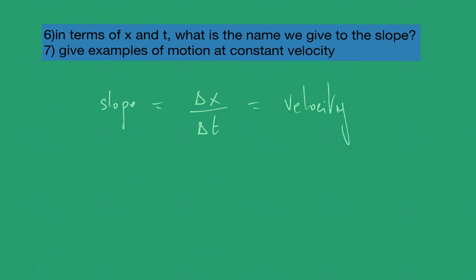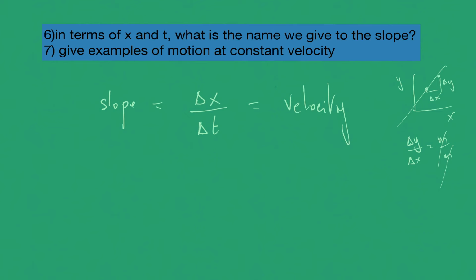Before, when it was y and x, we didn't give any name to the slope. We just said the slope, because delta y is in meters and delta x is in meters. The relation delta y divided by delta x is meters divided by meters, so they have no units.